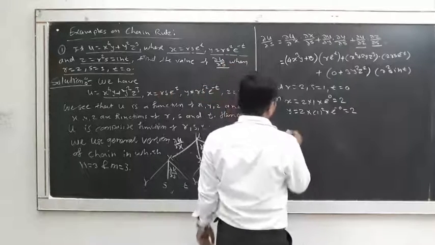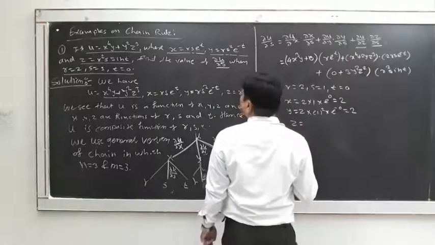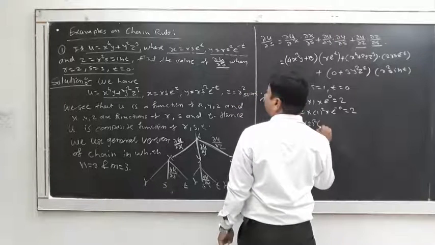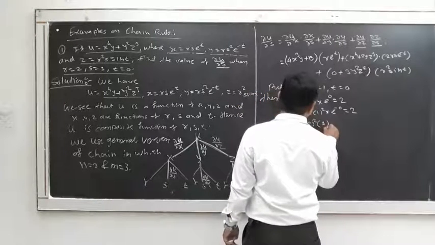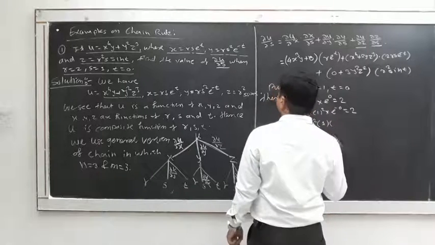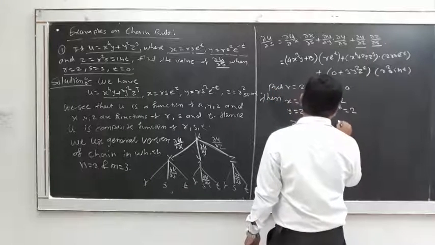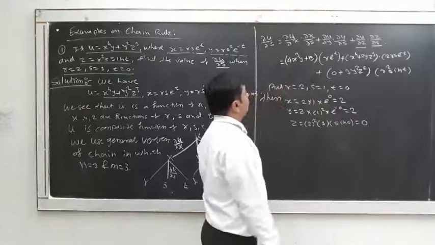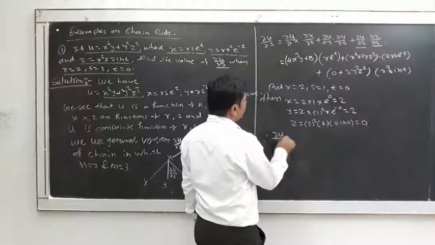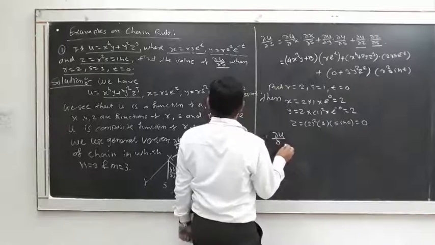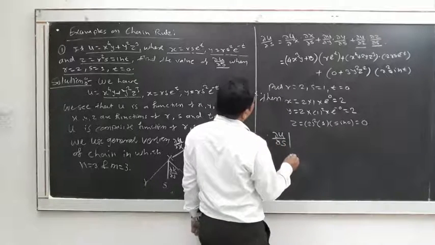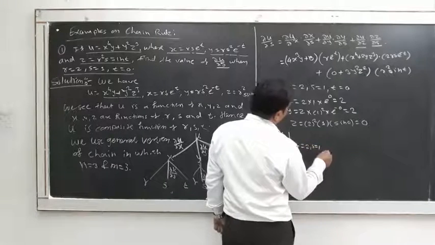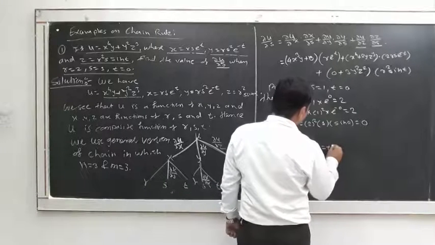And what should be z? z is equal to what? r square, that means 2 square into s means 1 into sin t. t is what? 0. So sin 0, this value is 0. Therefore, ∂u/∂s at the point r is equal to 2, s is equal to 1, t is equal to 0.